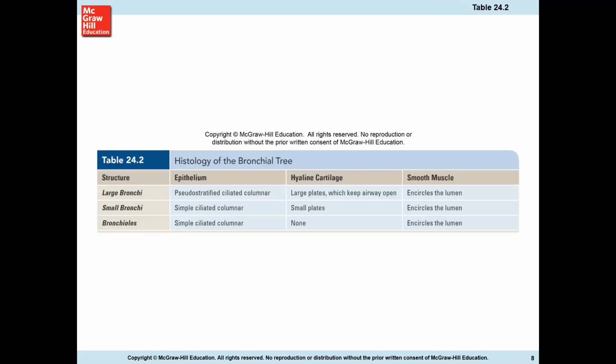And this is a great little table. Always helps you. This is with talking about the epithelium, the hyaline cartilage, right? Look at the bronchioles, none, right? None. So remember that. And this is where you're going to have that muscle constriction or dilation. Parasympathetic constriction, sympathetic dilation.